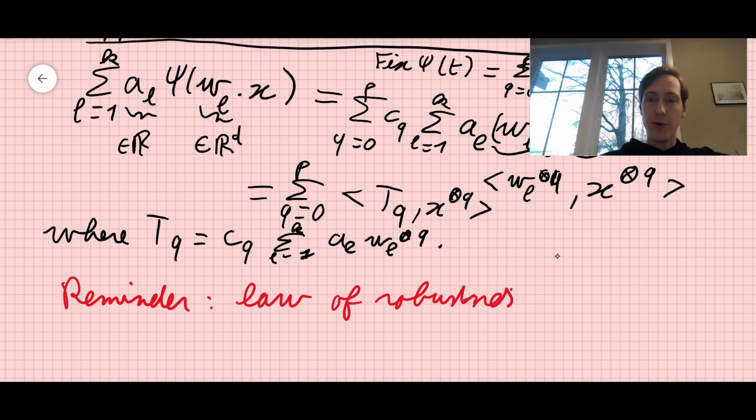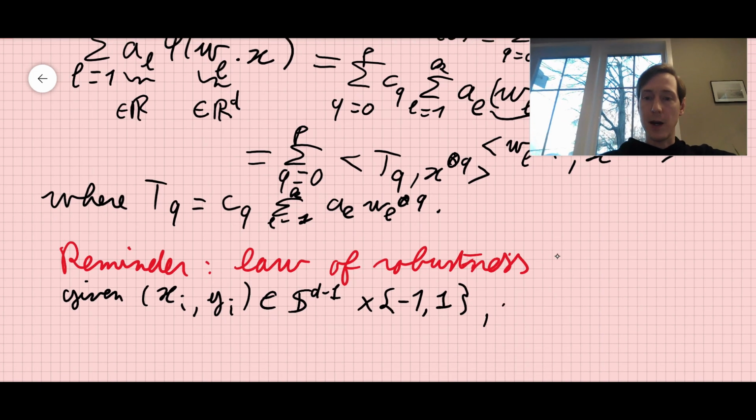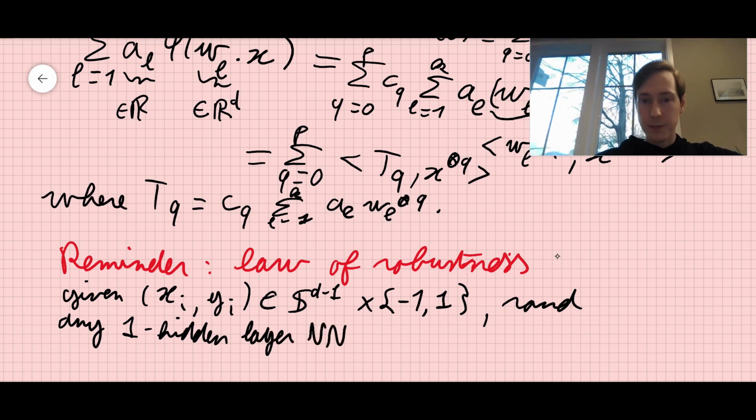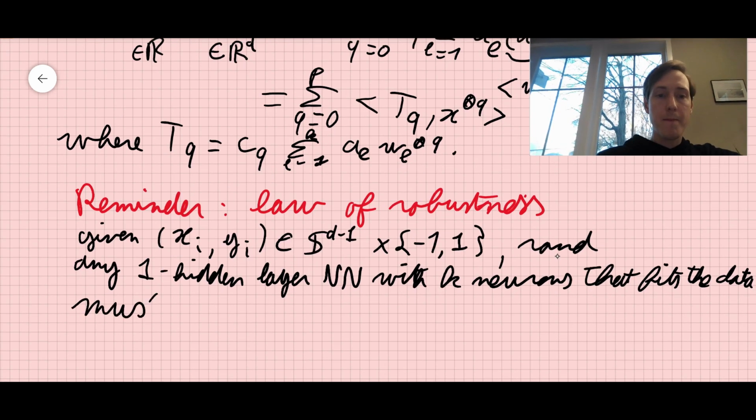Given a data set x_i, y_i, where the x_i are on the sphere and the y_i's are signs, -1 or +1, and let's say they are random, then the law of robustness tells us that any one hidden layer neural network with k neurons that fits the data, so on x_i it outputs y_i, must have Lipschitz constant at least square root n over k.